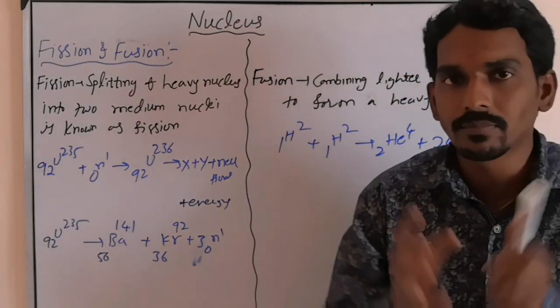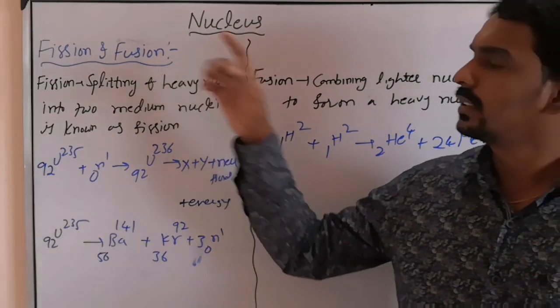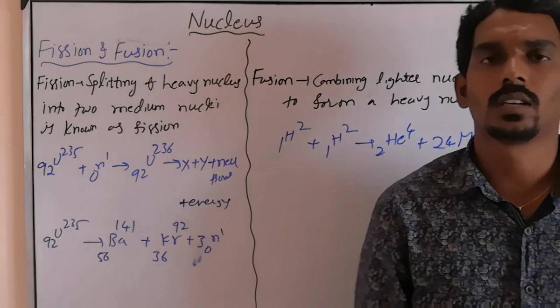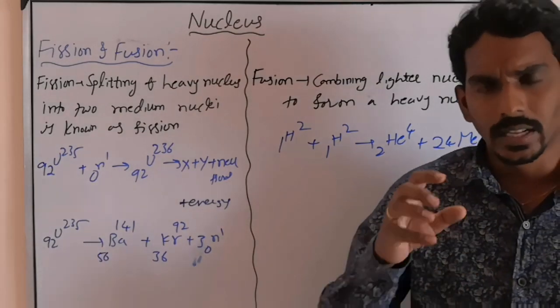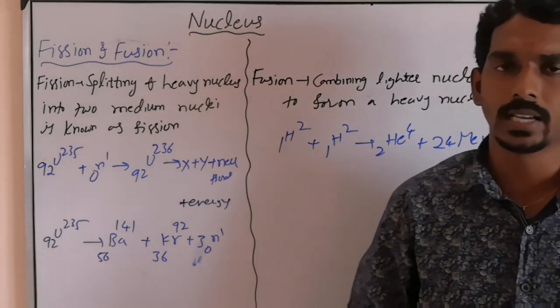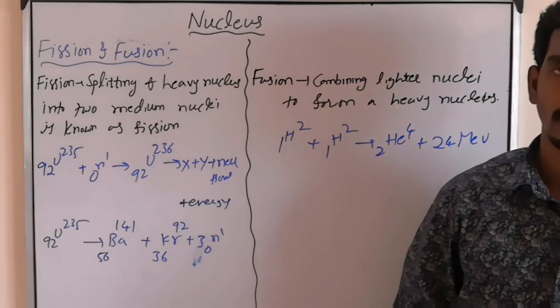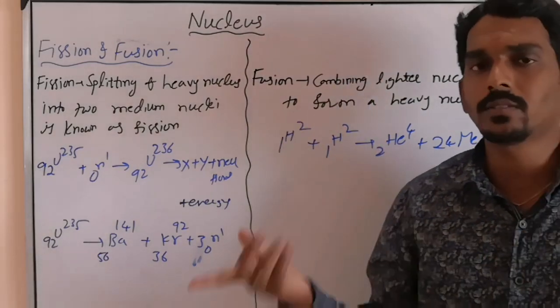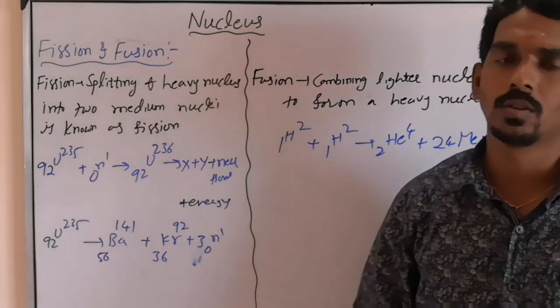Two lighter nuclei combine and form one big nucleus, then we call it fusion. If one big nucleus divides into two small nuclei, then it is called fission. So one big dividing means fission, and two small combining means fusion.